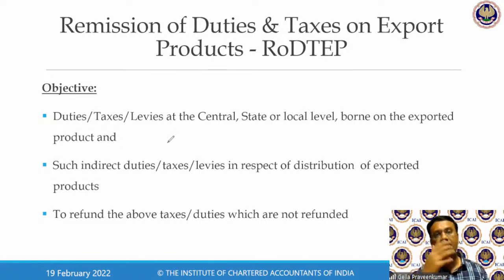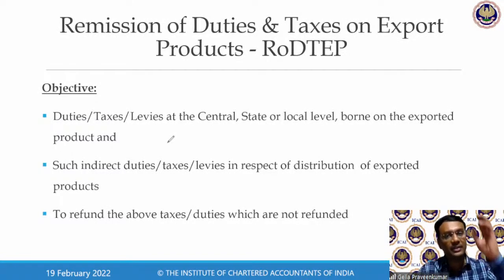Before GST came into the picture, where input tax credit is opened up, there was central excise, VAT, CST, with the cascading effect of VAT on excise duty and of CST on excise duty. There were various reasons why RODTEP was very important. But after GST has come, its importance has been diluted.